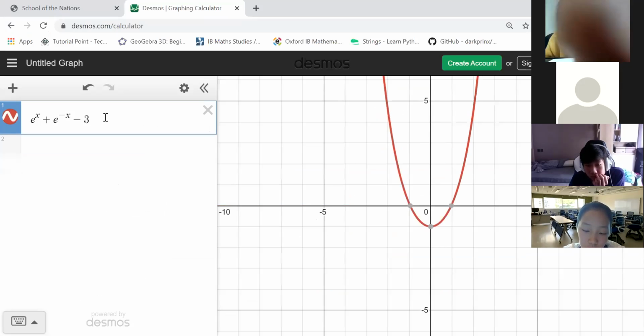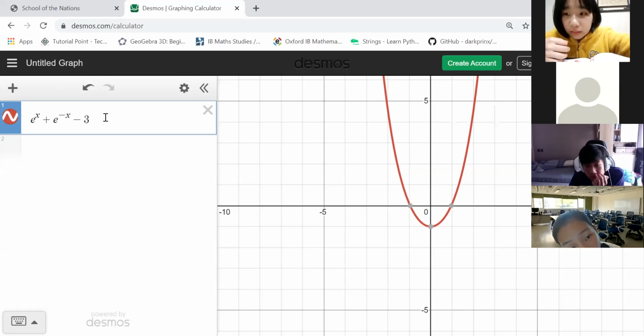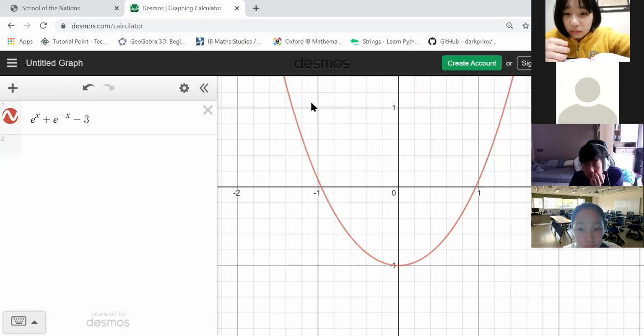You plot that graph. Do you know why I did minus 3? Because I want to make it equal to 0. Do you understand what I did? You make it equal to 0 so that the other part is y equals 0, which is the x-axis. And look at the point of intersection.